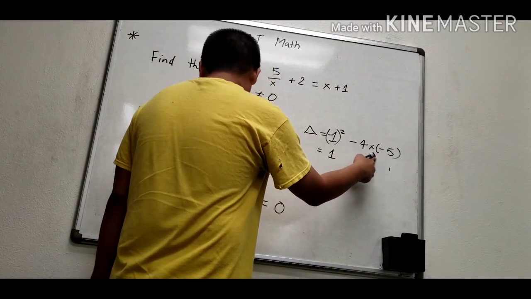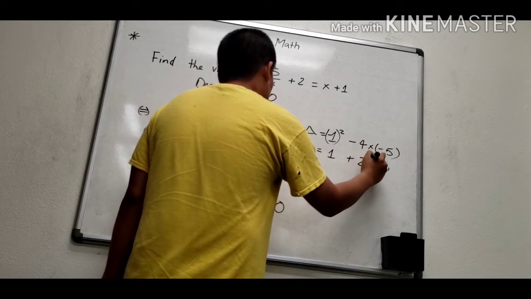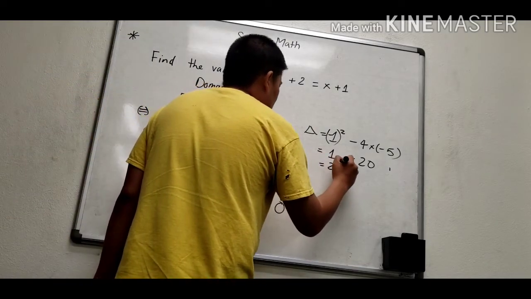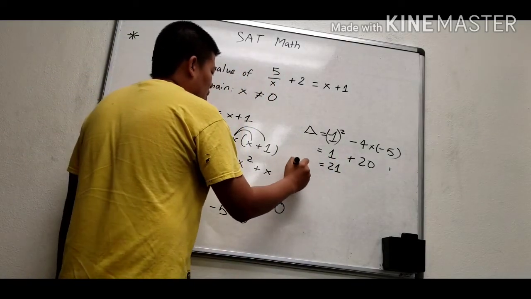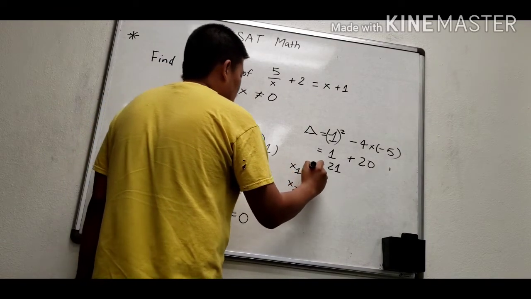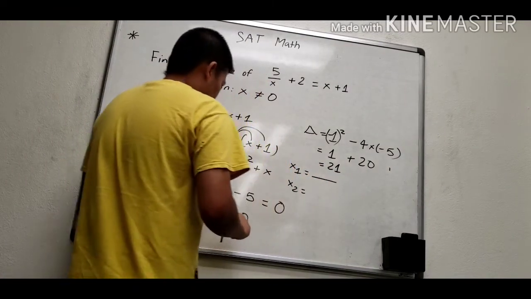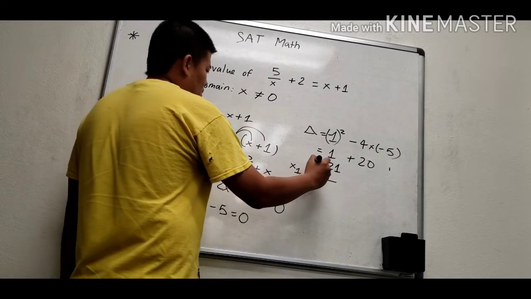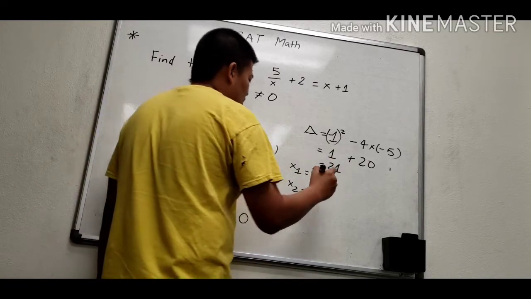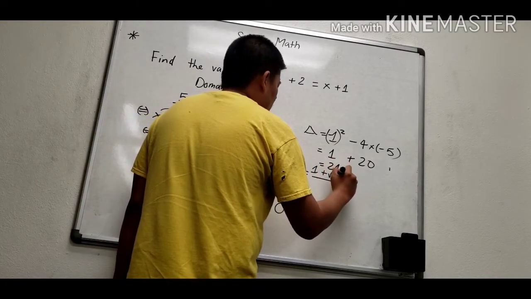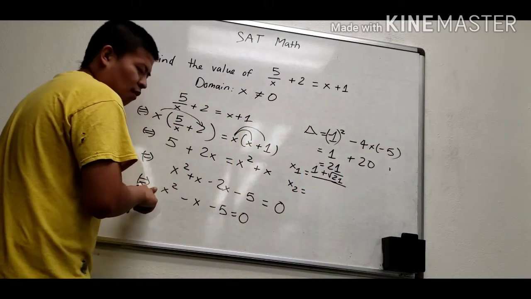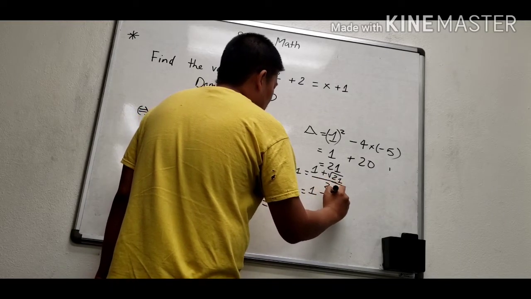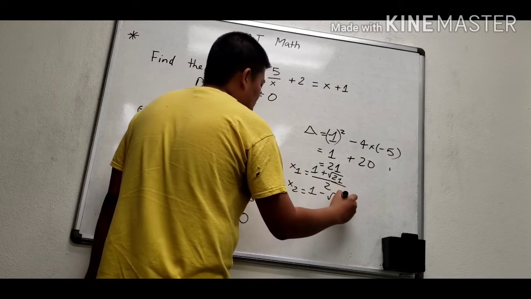Minus 4 multiplied by minus 5 becomes positive 20, and we get 21. For the solutions x1 and x2, we have minus 1 here, but with the minus b it becomes positive 1, and we have the square root of 21 over 2. The x2 is similar, but we change the sign to negative.